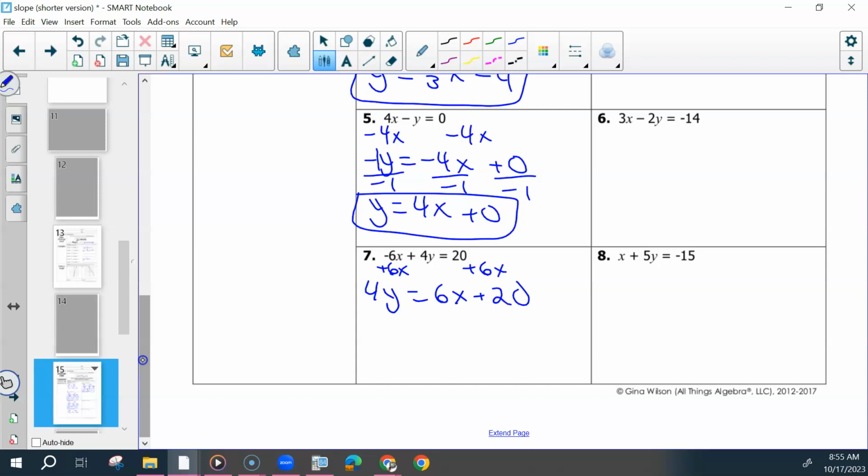So to get y by itself, divide everything by 4 separately. So that our new equation, simplified, would be what? 3 over 2x plus, what was the last part? Plus 5. Plus 5.